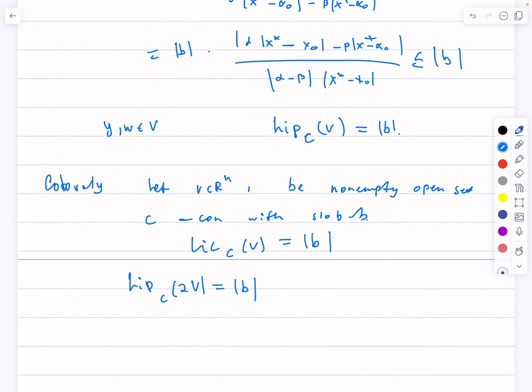What does it mean? For example, we have something like this domain, and we have several cones.